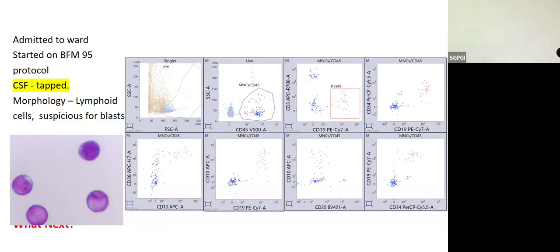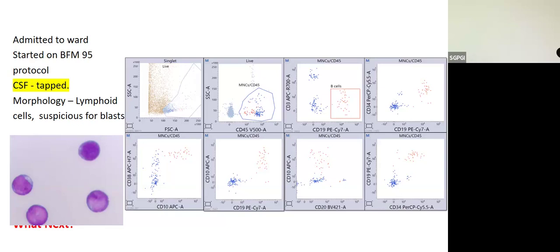So what you see is you have blue dots over here, red dots over here. This color is because of these gates. But anyways, this is the plot you see. You have CD19 versus CD3 because this is the first plot that we put. In CSF, mostly what you see are the T lymphocytes and the monocytes. Right? If you see B lymphocytes, and that too in larger number, you should be suspicious. Now, if I gate my B lymphocytes based on CD19, what they are expressing is CD34.